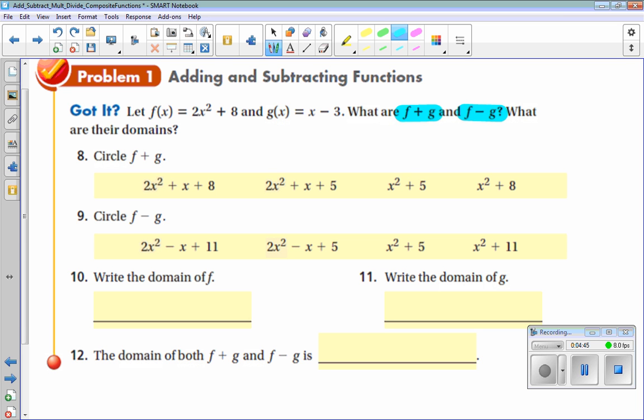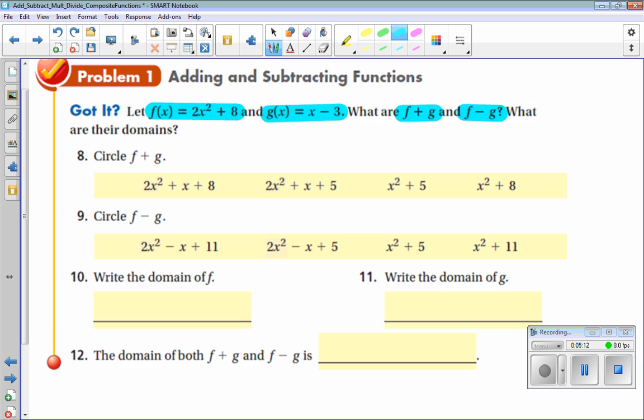Okay? I also have to be given what f of x is and what g of x is. We really don't use the y's in function notation. The same thing as y is f of x. f of x is the same thing as y. It's just that f of x is called function notation. Okay? And that's what we're going to be dealing with here.